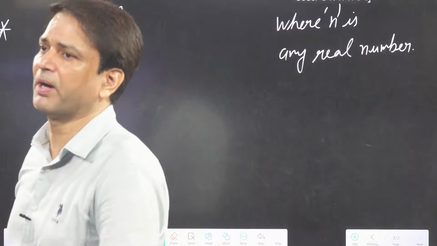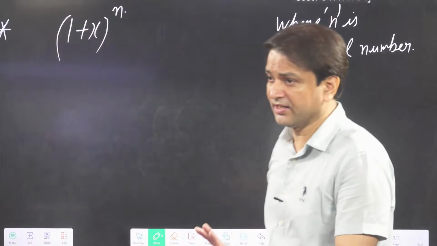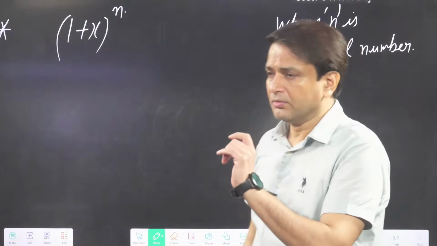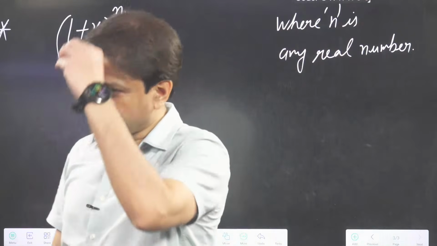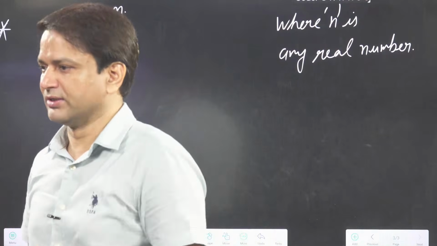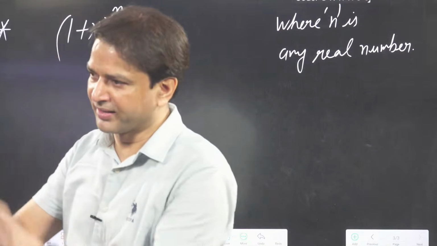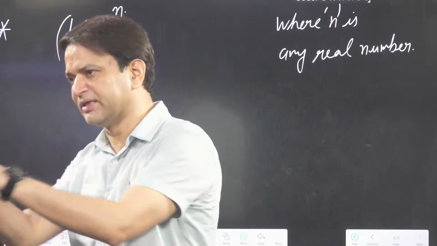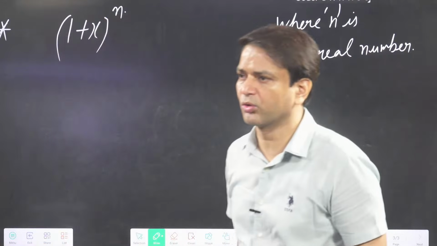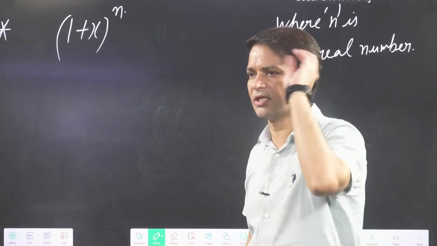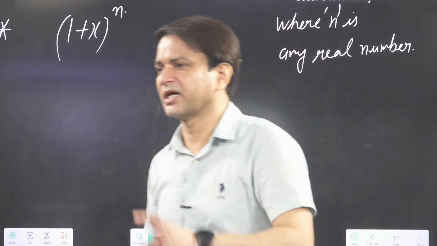Real number means whatever number you have learned, all are real only: 0.1, 1 by 3, negative integers, all are in the category of real numbers. So it can be an integer, negative integer, positive integer, fraction, or decimal.